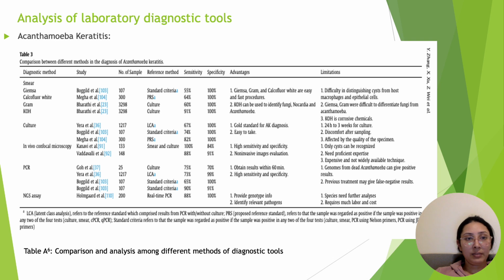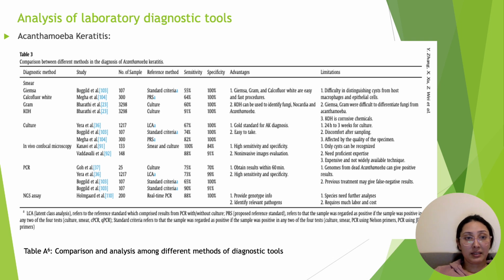So in Acanthamoeba keratitis, making the general analysis of the different methods used, PCR was found to be more effective and sensitive, with more sensitivity and specificity than other methods, but it is expensive, and it may get contaminated while doing the procedure.